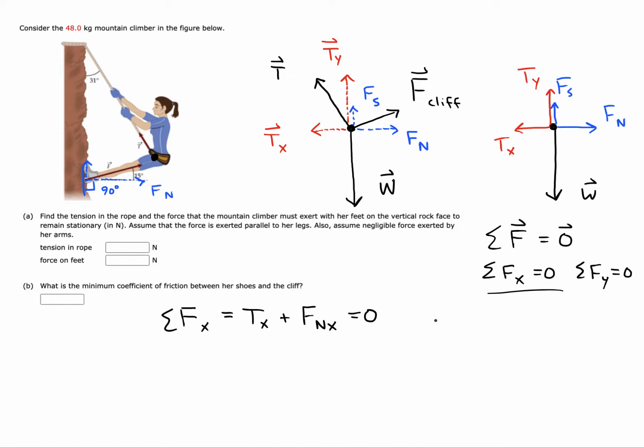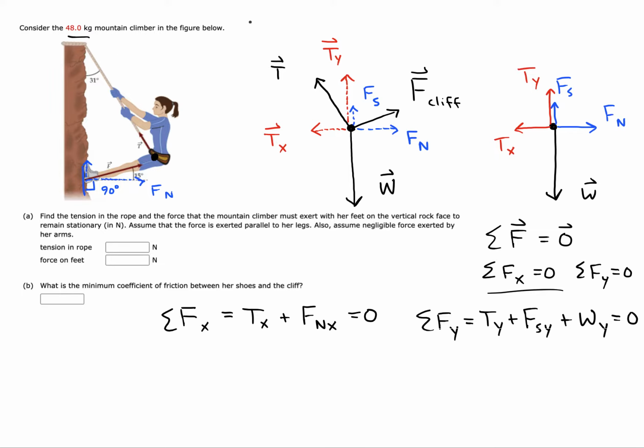Over here for the sum of y, we'll have Ty plus Fsy plus Wy. And that's going to be equal to 0 as well. Now let's see if we can actually get some numbers for some of these things.